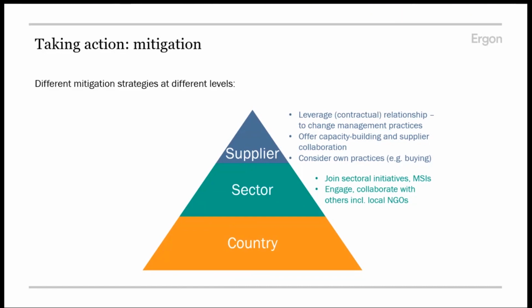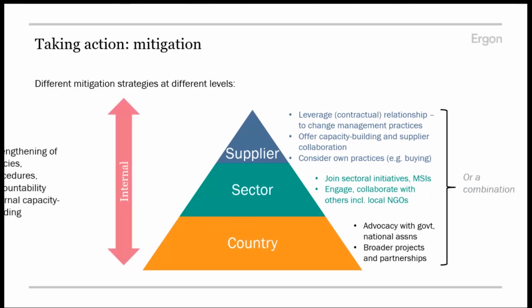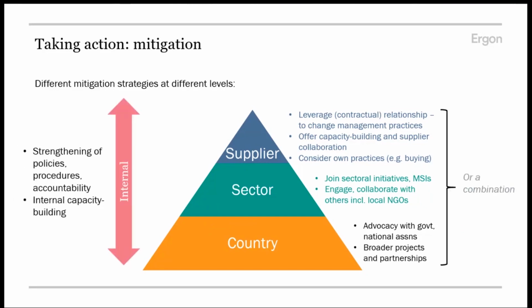There have been some interesting examples in recent years, Cambodia minimum wage, for example, of companies coming together and successfully lobbying governments to change the law. And finally, in terms of your own internal policies, what can you do to strengthen your own processes, whether they're buying processes, monitoring, checking, engagement with suppliers to minimise risk as well.